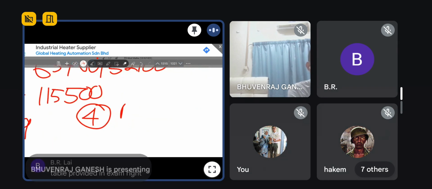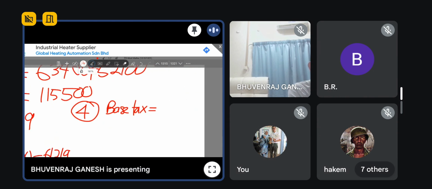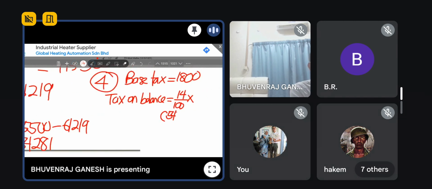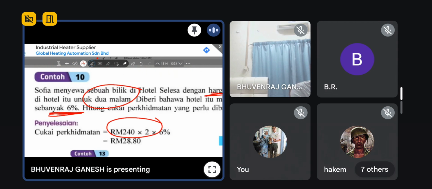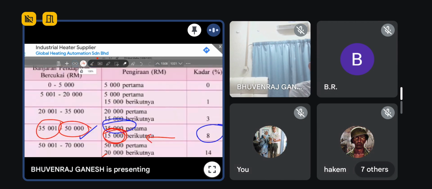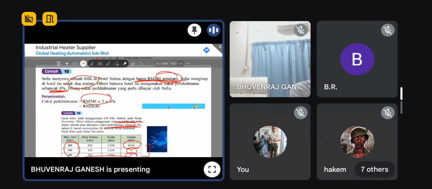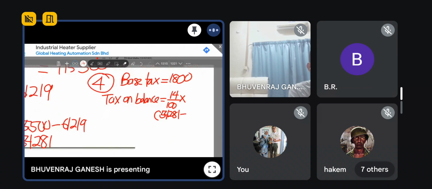So you can write here base tax, correct, will be provided, 1800. Tax on balance, the baki, you will take 14% times your chargeable income 54281 minus the value in the table. So just now the value was 50,000. Okay, so you minus 50,000.